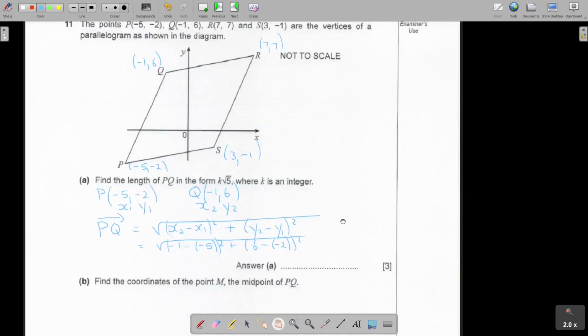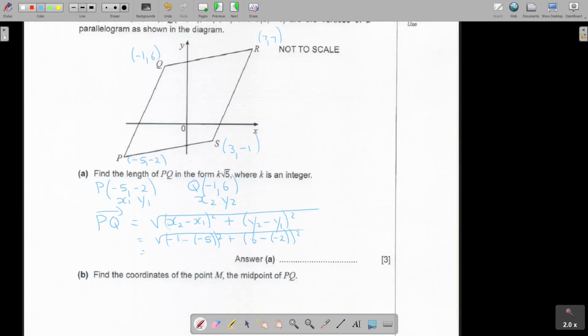Then that is -1 plus 5, so that is 4 squared, and 6 plus 2, so it's 8 squared. Now, luckily, because you take the square root, so it's just going to be 16 plus 64.